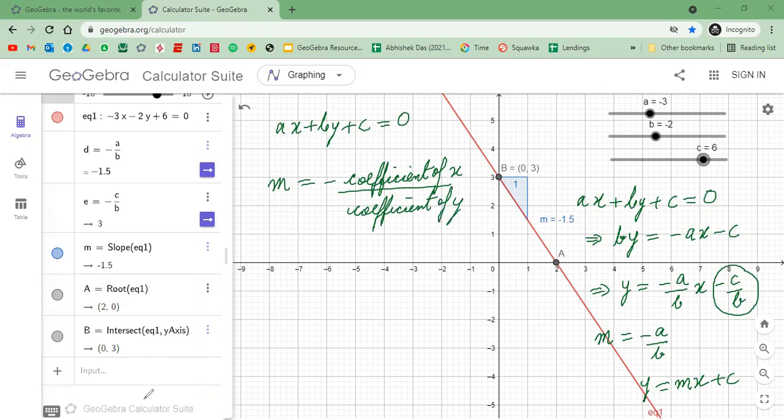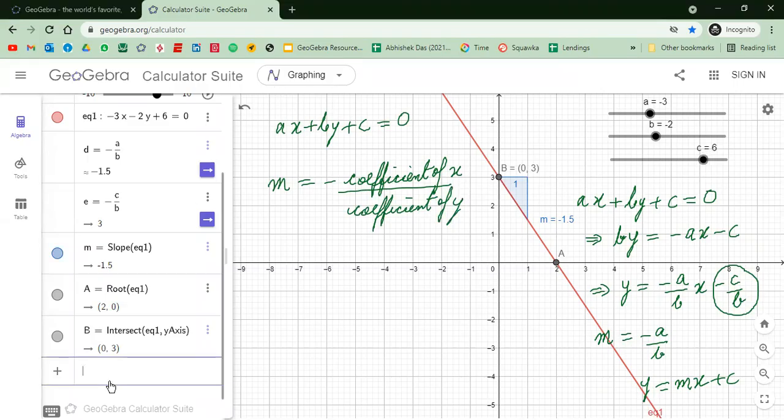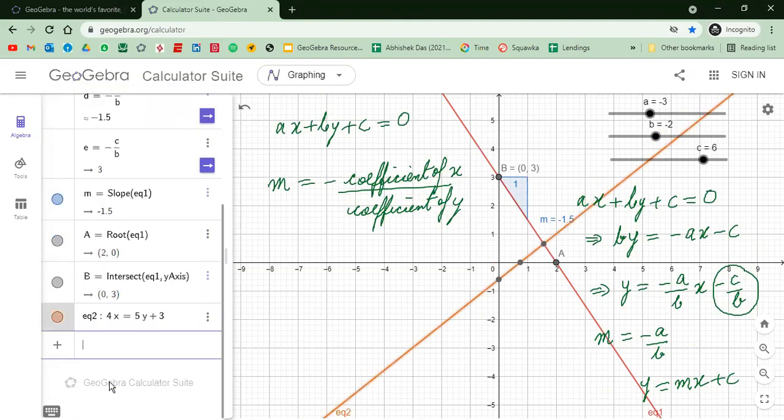So let me take a line, let me just randomly put a line: 4x equal to 5y plus 3.